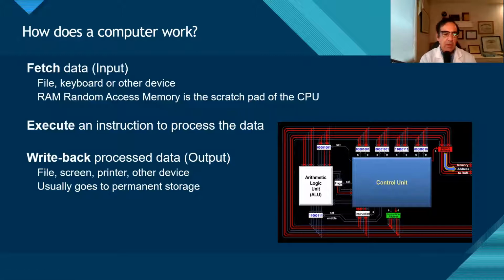Instructions are executed, and then you can write it back out, and it goes to memory or to a screen or somewhere else. Okay. And here's the place where we do arithmetic, the arithmetic logic unit, and then the control unit. Okay. So we have instructions and we have data, and that's all that the computer is doing, is taking data and processing it.